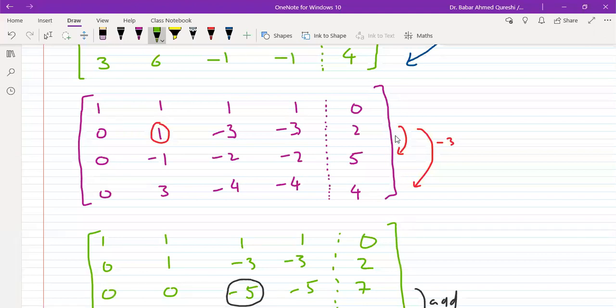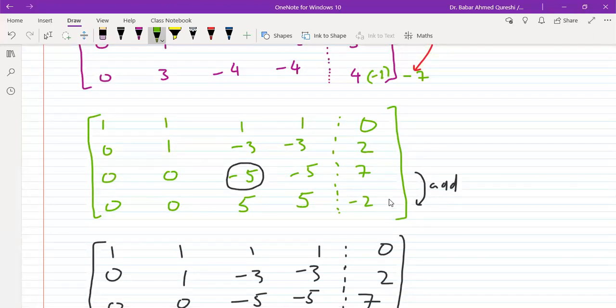In the second step, now you have to remember I have a minus 1 here. So when I take minus 3 into 2, I get a minus 6, and I add it to minus 1, I get a minus 7.